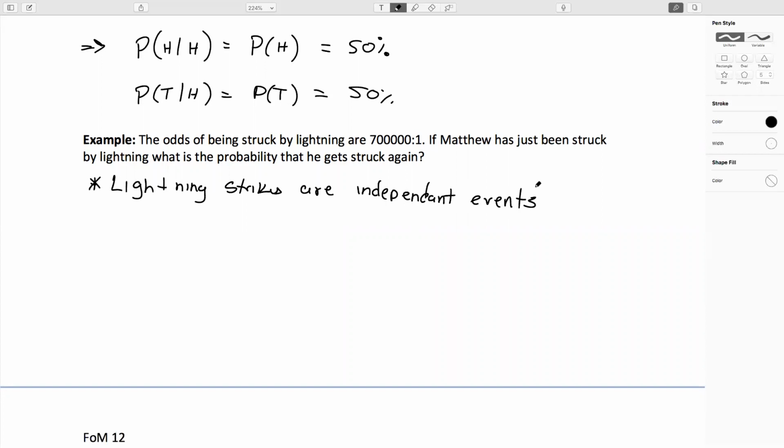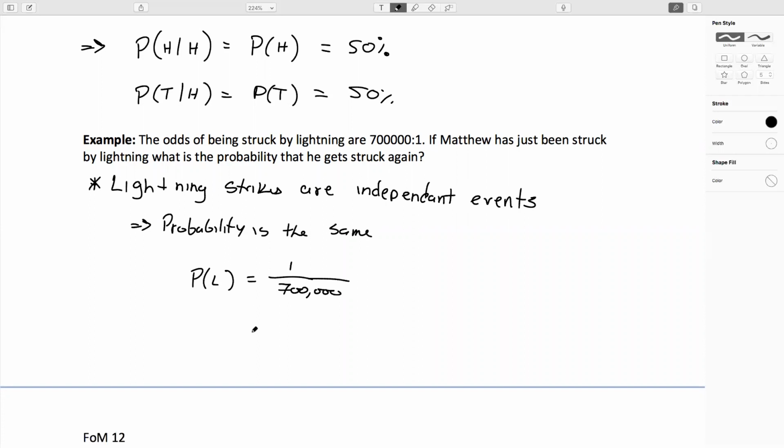So the probability is the same. That means the probability of lightning is still 1 in 700,000, which works out to not a very likely outcome.